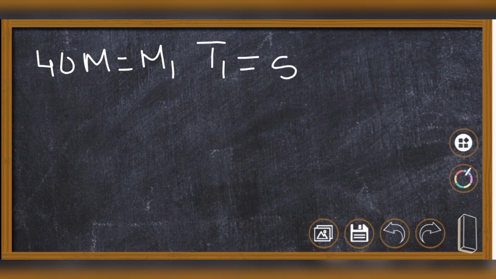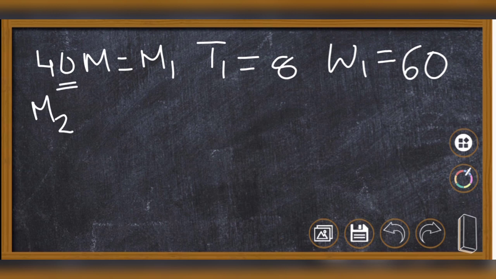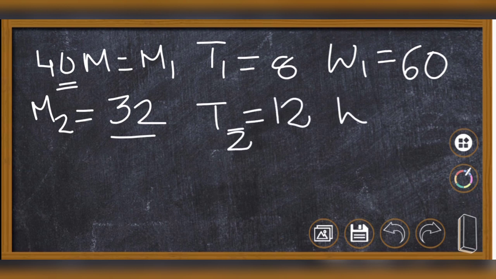Now we got the equation, we will substitute it. So m1 is equal to 40, then t1 is equal to 8, and work is equal to 60. Now what is m2? It is given that 40 minus 8, that is equal to 32. Now what is t2? t2 is 12 hours. So we have to find w2, how many trees are cut down.